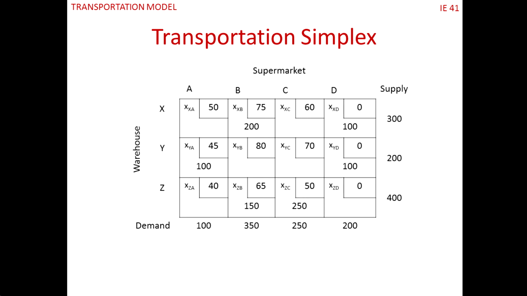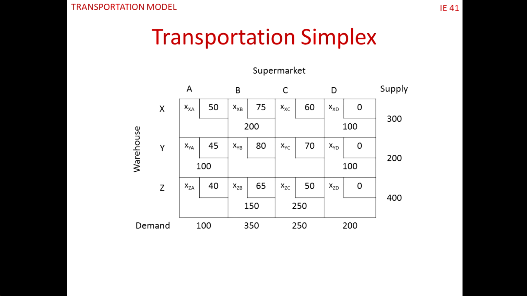Warehouse X supplies supermarket B with 200 units, leaving an excess of 100 units. Warehouse Y supplies supermarket A with 100 units, leaving an excess of 100 units. Warehouse Z supplies supermarket B with 150 units, and supermarket C with 250 units.